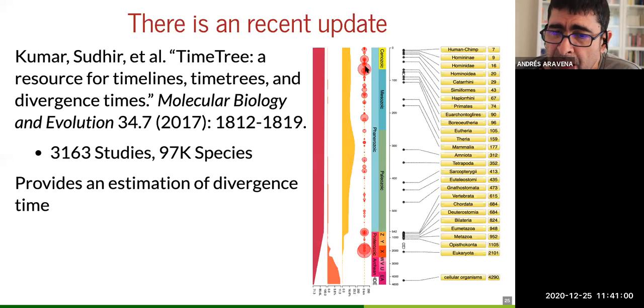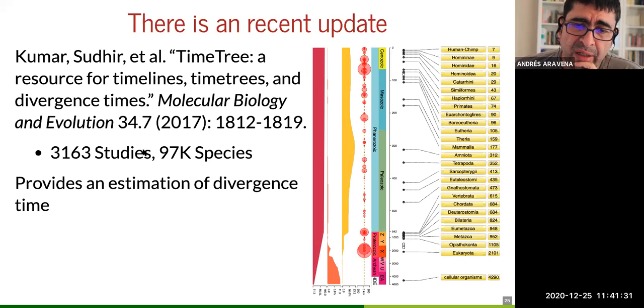These are the number of papers that are supporting this information. And in mammalia, the common ancestor is 180 million years ago. And you go to eukaryota and to cellular organism. You see time, and this is the point that I took from here, time and taxonomy.